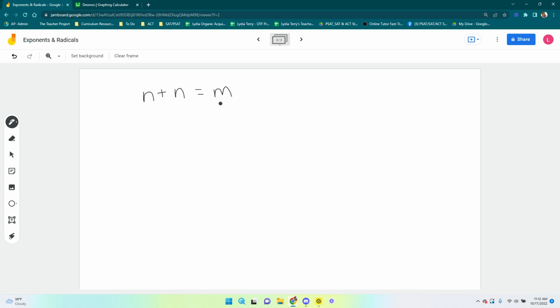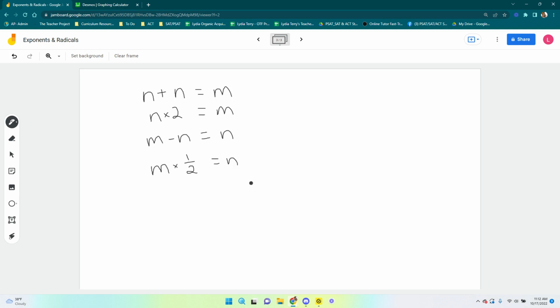We can also represent this as n times 2 is equal to m, right? We could also say that m minus n is equal to n. We could also say m times 1/2 is equal to n, right?